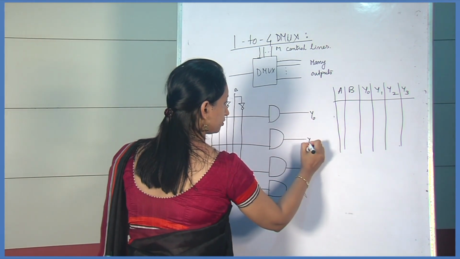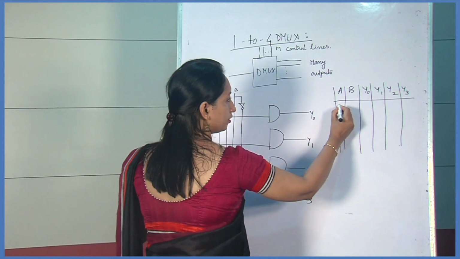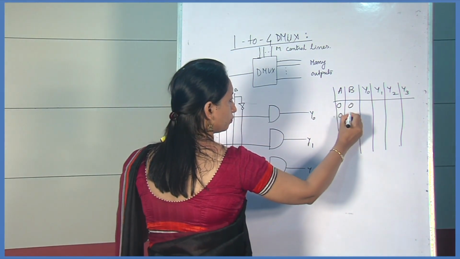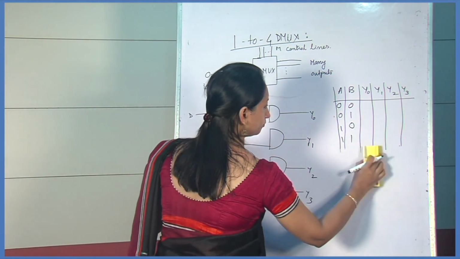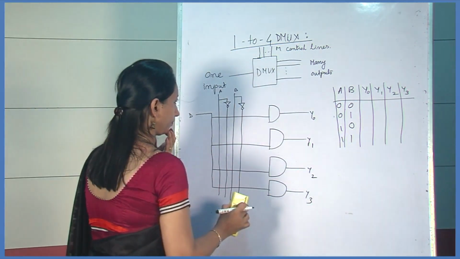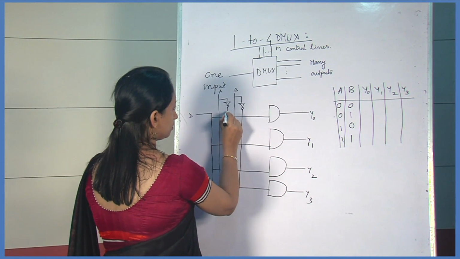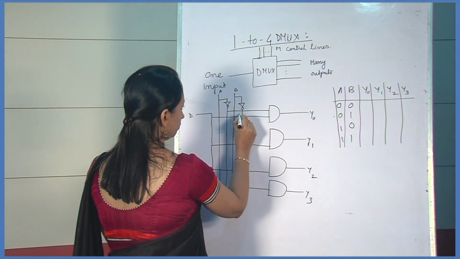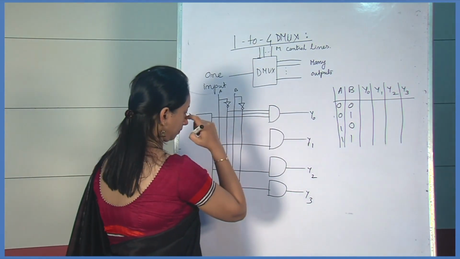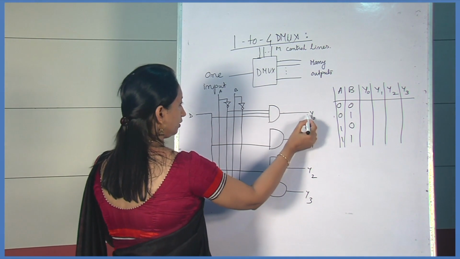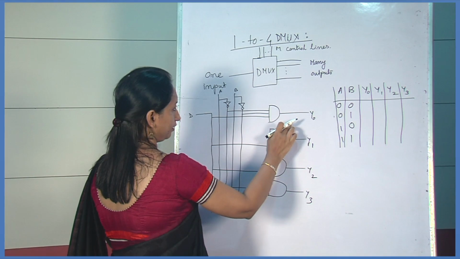So here I have written the first combination 0, 0, then 0, 1, 1, 0, then 1, 1. So when the input is 0, 0, then this D is selected at the output of the first AND gate.